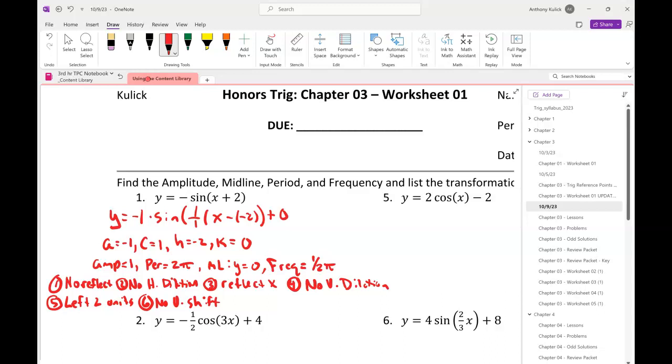So again, the critical piece is that we're able to write our function in that standard transformation form and then pull off the values for A, C, H, and K. Without those, you can't really get any of the rest of it correct, right?